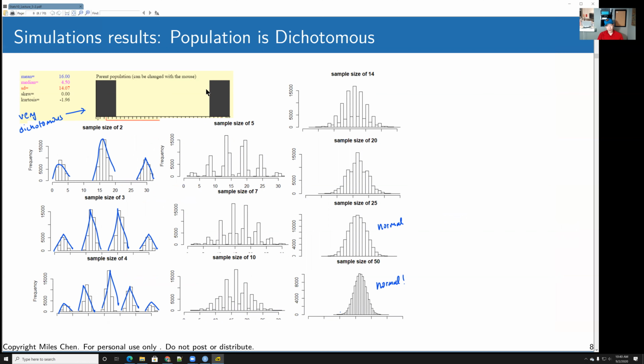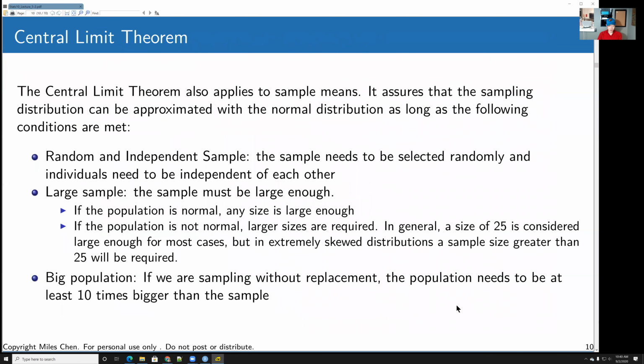Even when you couldn't create values in between, the sampling distribution ends up looking normal. And the rule of thumb is the sample size of 25 is usually big enough, but if you have a very extreme distribution, something that's very skewed, you might need sample sizes even greater than 25.